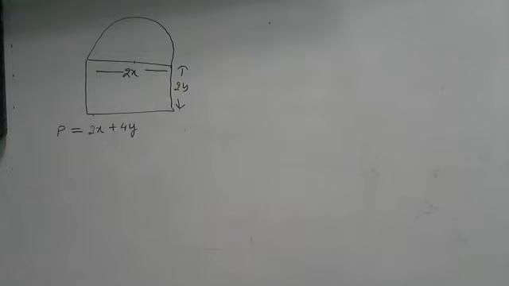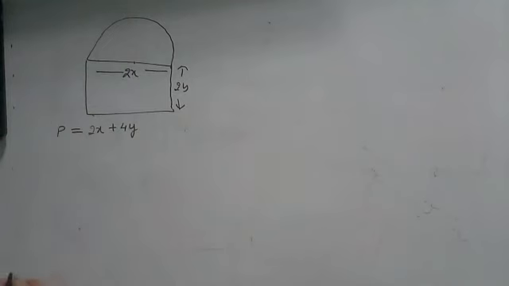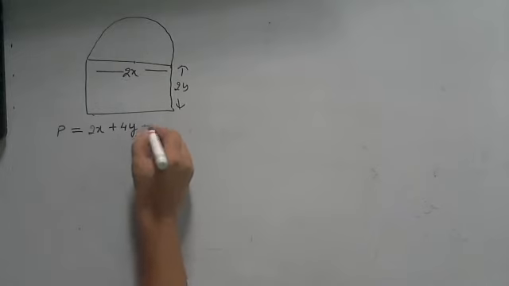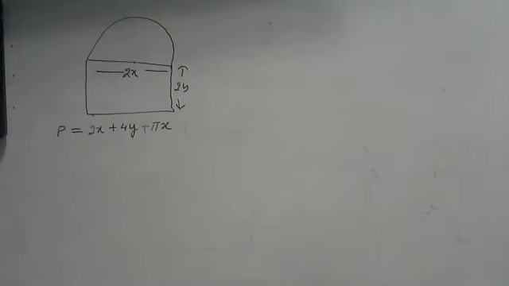And then we need to take the perimeter of this semicircle. What is the perimeter of a circle? 2 pi r. So what should be the perimeter of a semicircle? Pi r. That is pi x. So we have this as a perimeter, and the perimeter is given to you. So we will take perimeter p as constant.